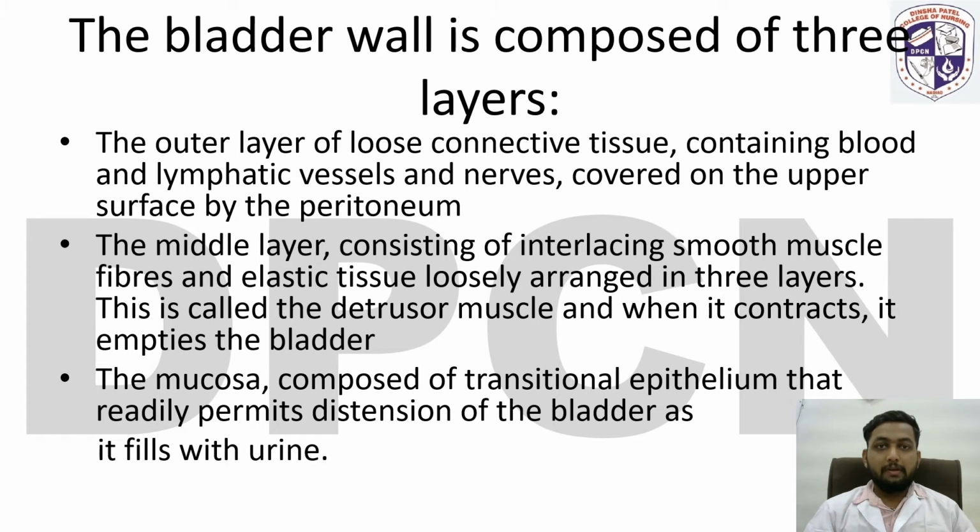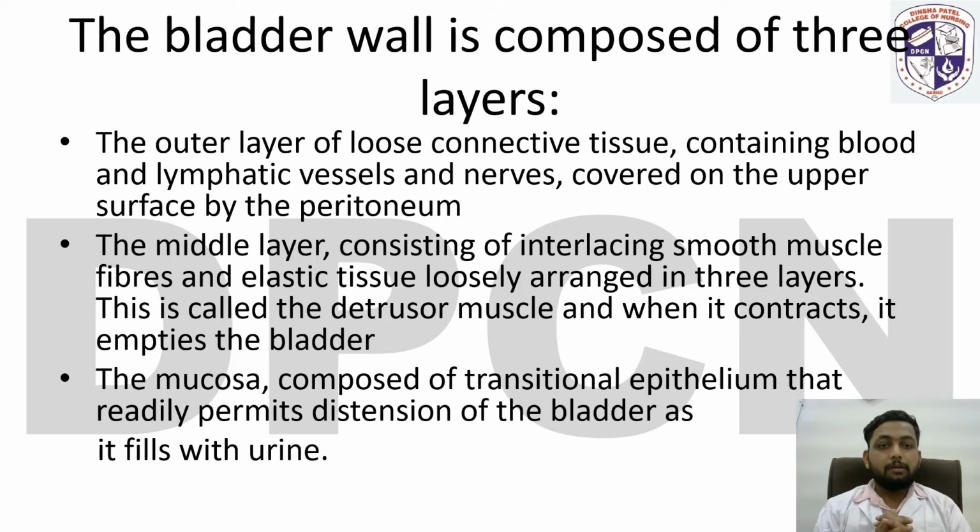The bladder consists of 3 layers. The first outer layer is made up of loose connective tissue, and this layer contains blood and lymphatic vessels and nerves. It is covered on the upper surface by the peritoneum. It is the outermost layer, so obviously it will cover the whole bladder.